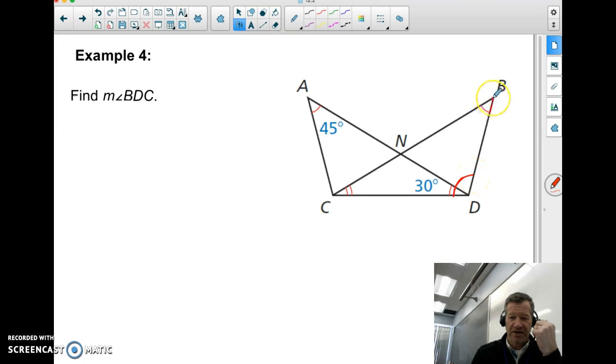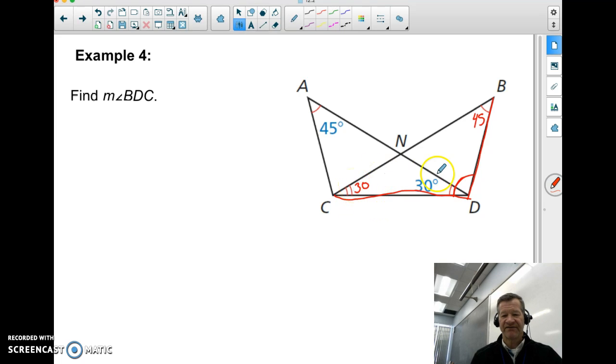So B, D is the vertex, all the way over to C. So the angle between those two sides. How big is that angle? Well, if this angle here is 45, this one is marked the same, so that would also be 45. If this angle here is 30, well, this angle over here has to be 30 also.